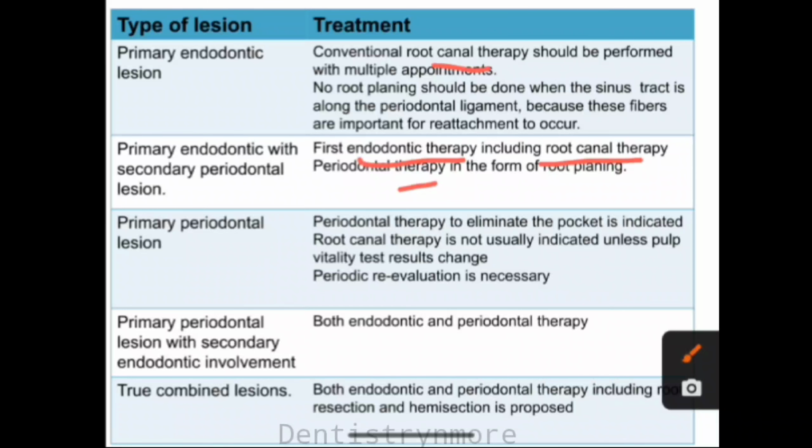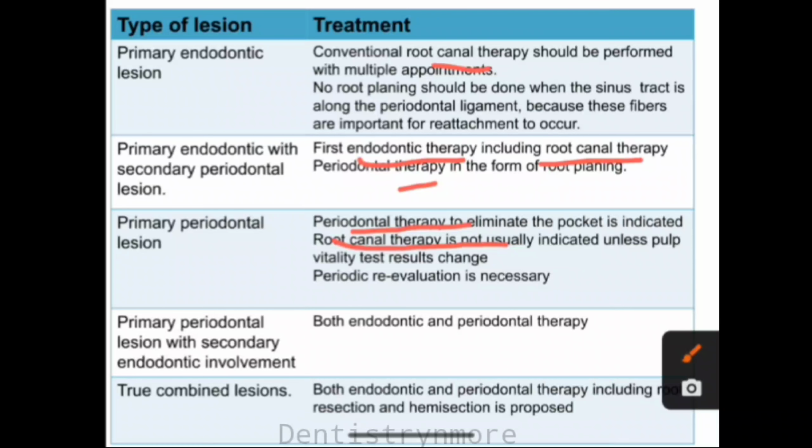And third one is primary periodontal lesion. Here periodontal therapy to eliminate the pocket is indicated. After that root canal therapy is not usually indicated unless the pulp vitality test results change, and periodic re-evaluation is necessary in case of primary periodontal lesion.